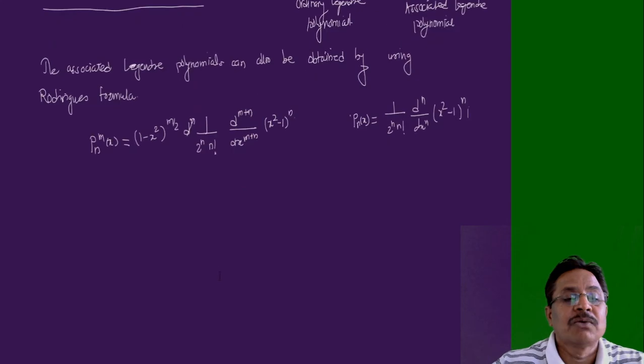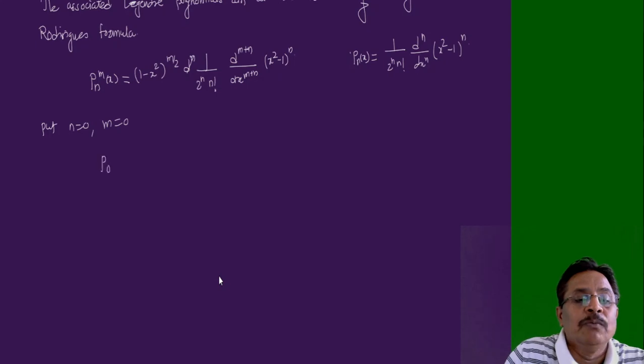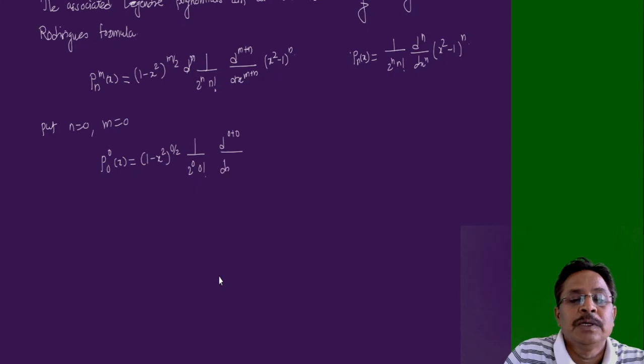Put n equal to 0 as well as m equal to 0. So I will get P00 of x is equal to (1 minus x squared) raised to 0 upon 2, into 1 upon 2 raised to 0 into 0 factorial, multiplied by d raised to 0 plus 0 upon dx raised to 0 plus 0, into (x squared minus 1) raised to 0.